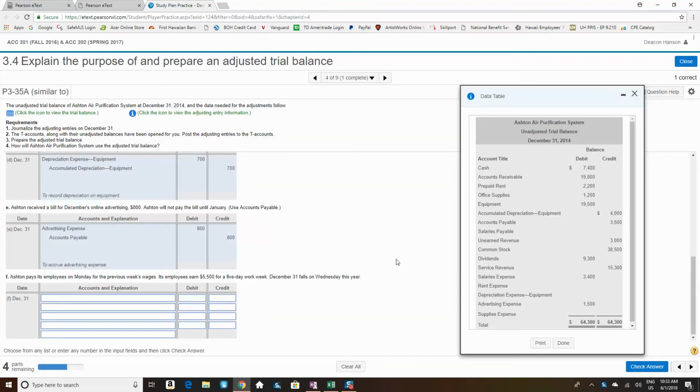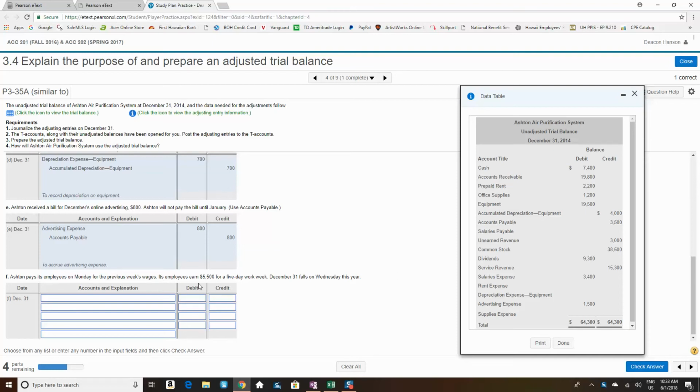Okay, and now let's see. Ashton pays its employees on Monday for the previous week's wages. Its employees earn $5,500 for a 5-day work week. December 31st falls on a Wednesday. So we have a little bit of math to do here.